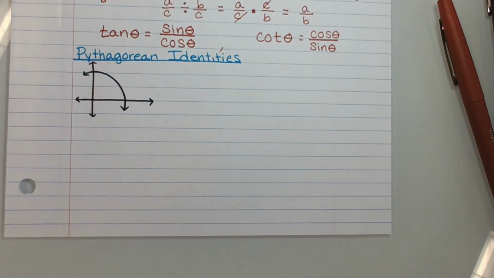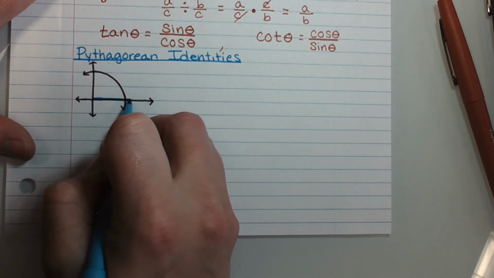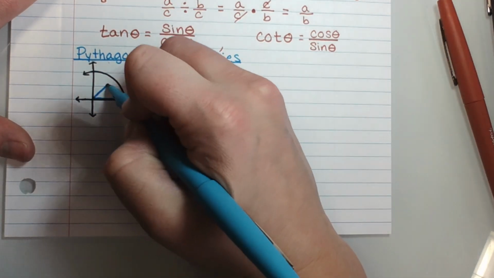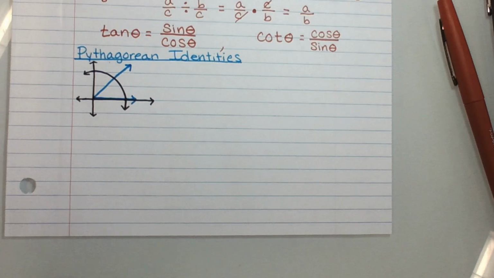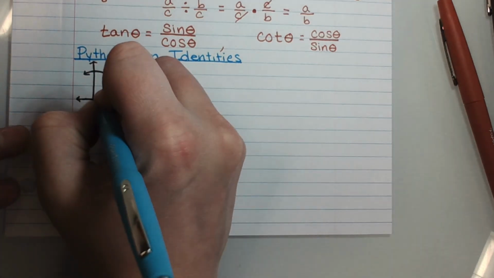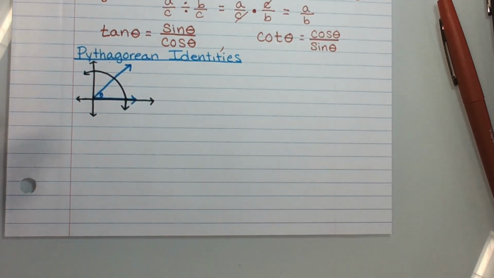So if this is part of my unit circle, the part that's in the first quadrant, and I draw an angle there in standard position. There we go. There's my angle, and a little theta right there.